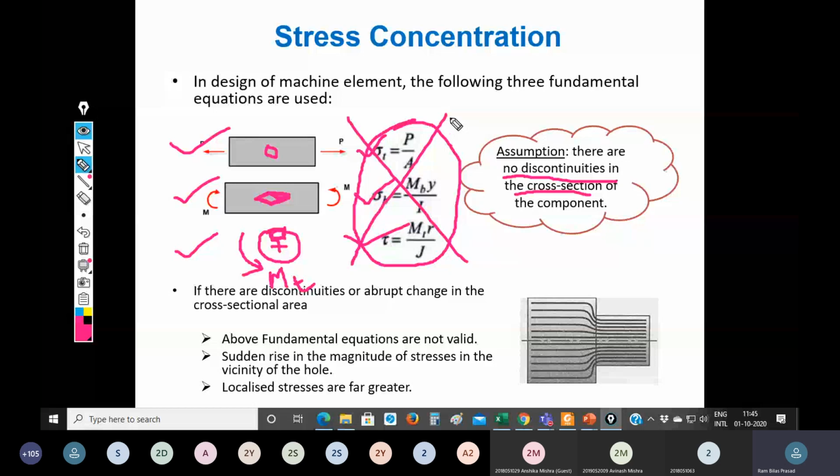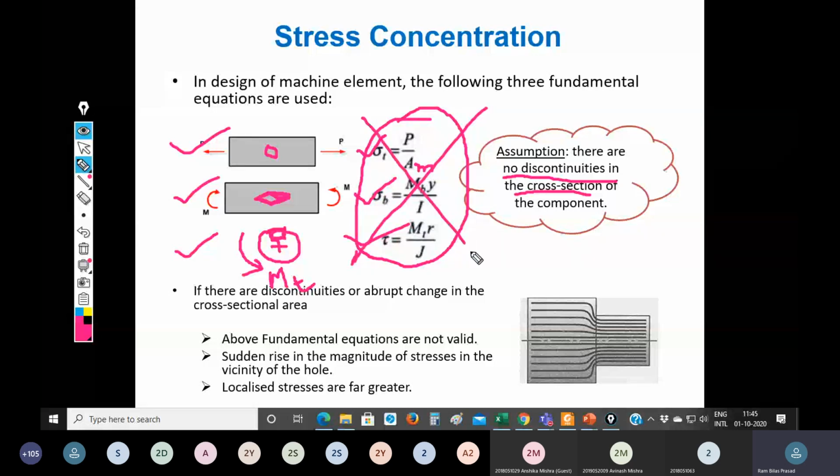Then we try to determine the stress considering the minimum cross sectional area. But even if we consider the minimum cross sectional area, these formulas will not give you the correct value of stress, right?